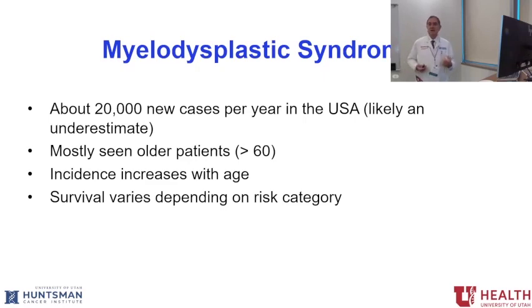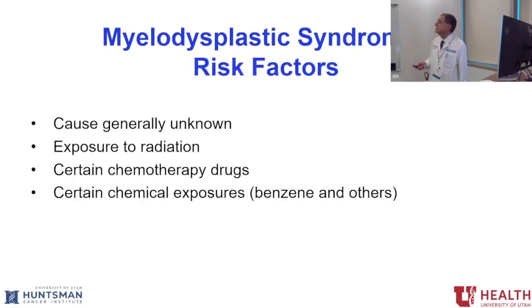So when our ancestors would die at 22 from a pneumonia, they would not live long enough to develop myelodysplastic syndrome. And the survival varies depending on the different subtypes of MDS we're dealing with, and we'll go over this in a minute here.